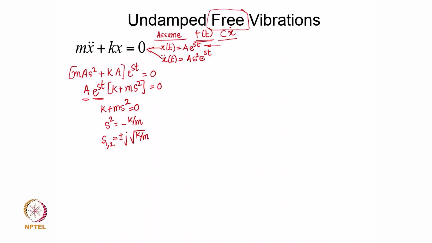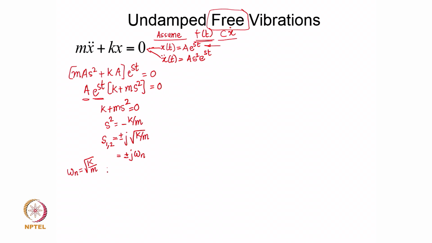Now, this square root of k over m is typically called the natural frequency of the system. So, we define the natural frequency omega n as square root of k over m, and the two roots are plus and minus j omega n.